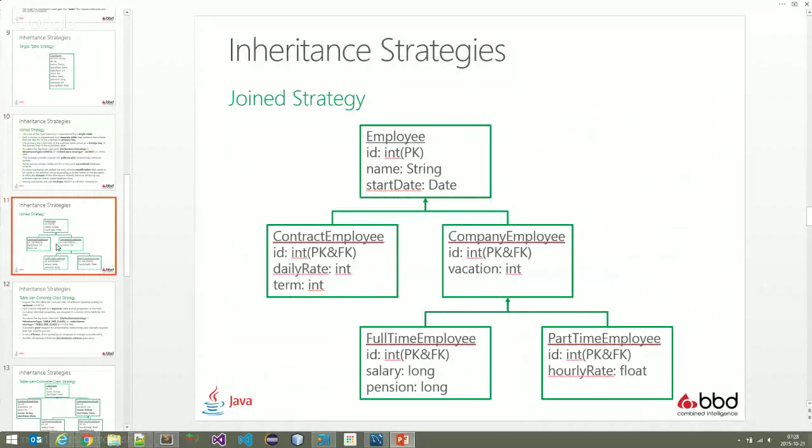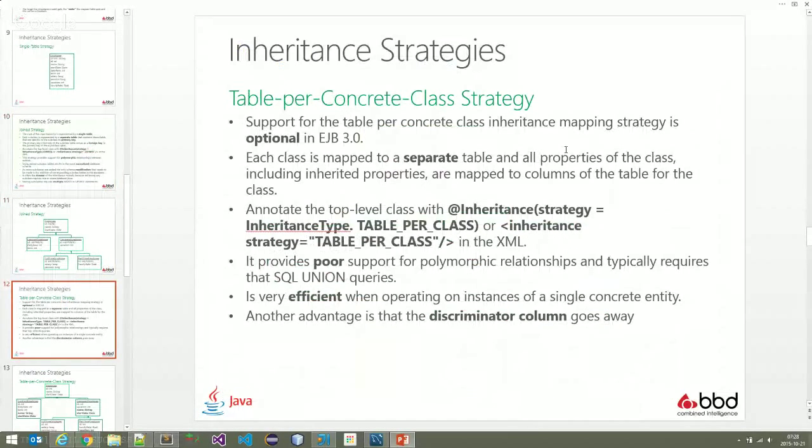And yeah, I guess then the third one is a table per concrete class strategy. First off, it is optional in the EJB3 spec. I think it's still optional though, even in the new JPA spec, because JPA kind of deviated away from EJB3, and that's when the spec was created.